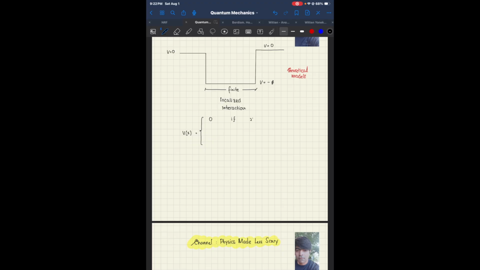Say if x is less than minus a, it is minus V naught, and 0 if x lies between a and minus a, and if x is greater than a.